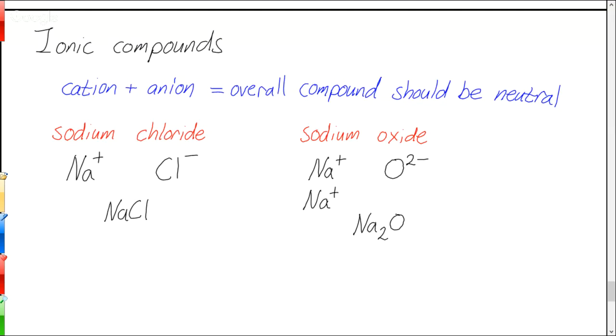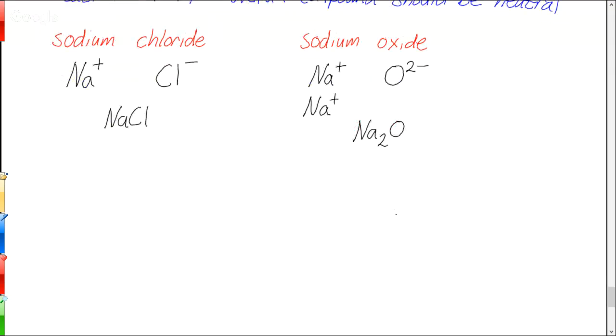All right, let's try a couple. I'm going to write some names like we just did, and see if you can write the compounds. When you think you've got one, talk to the people around you and see if you all got the same compound. So we'll try magnesium fluoride.